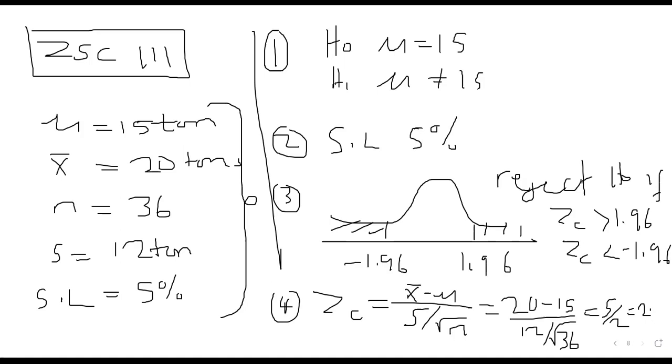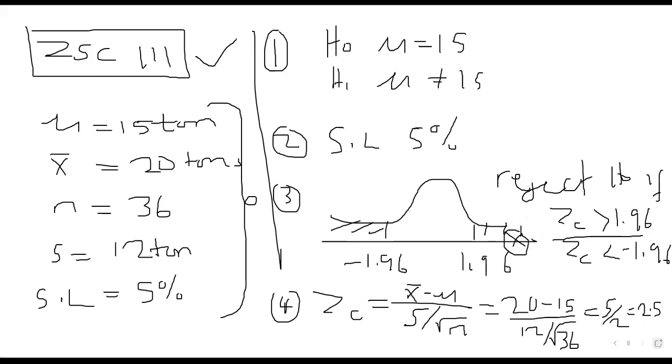So we're going to identify where the 2.5 is, somewhere here in the shaded region. So what does this mean? We reject H0. Why? Because Z is greater than 1.96. So is there a statistical difference or no statistical difference? There is a statistical difference. So it means the new brand is effective.